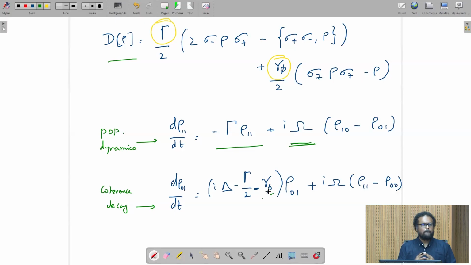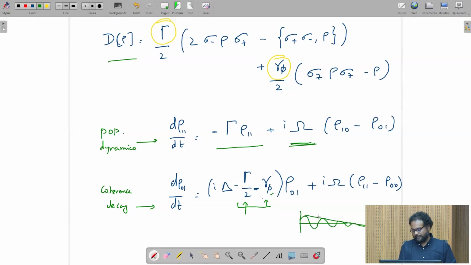There is decoherence and dephasing too, right? Yeah, so decoherence will have both contributions from dephasing and the lifetime. So if I plot this, it is going to be oscillating and it's going to die down.